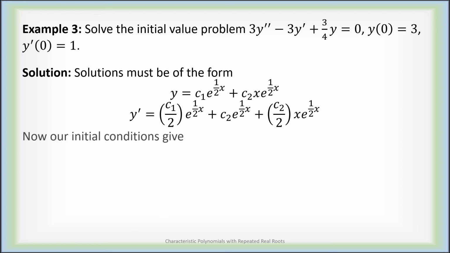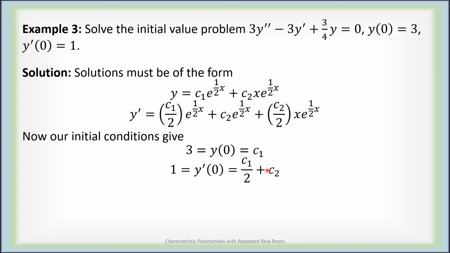So we know our general form of our solution and we've computed its derivative, and now we can start using our initial values. Taking y of 0 equals 3 into the first expression gives me a 3 on this side because y of 0 is 3, but plugging in x equals 0 makes this term vanish entirely and leaves just behind a c1. So right away we see that c1 must equal 3. Taking y prime of 0 equals 1 into this second equation, this exponential becomes 1, this exponential becomes 1, and this has an x out in front of it, so it vanishes altogether.